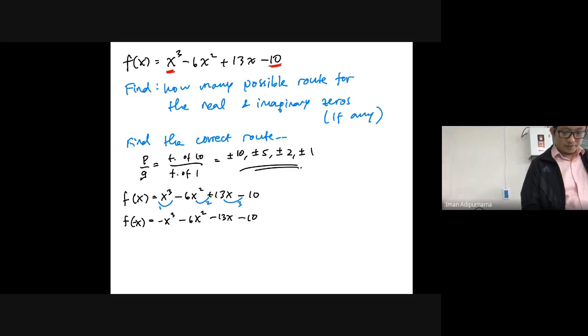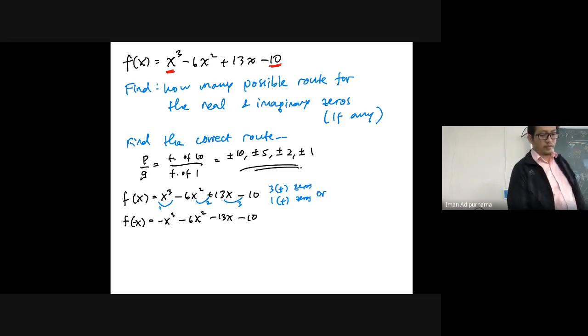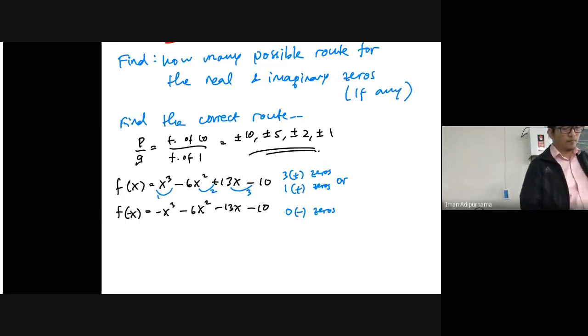So we will have 3 positive zeros or 1 positive zero. And for negative zeros, there is no variation, so it will be 0 negative zeros. We will not have any negative zero at all. It's 0 possibility.